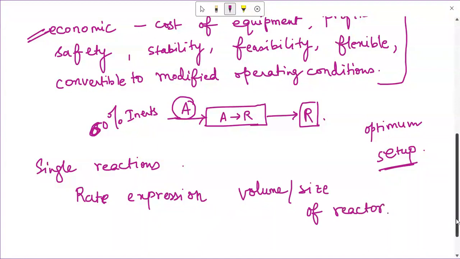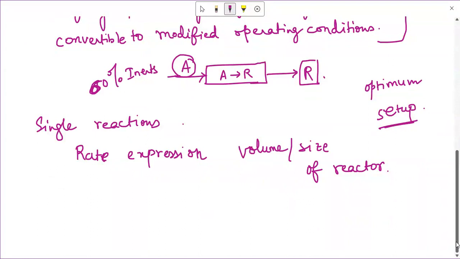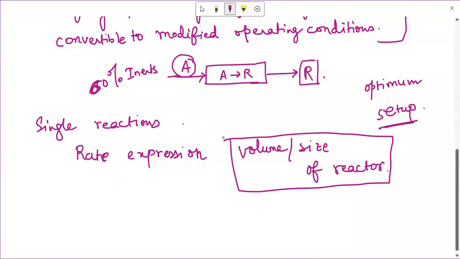Since we have a single reaction, we do not have to worry about the product distribution. So we can focus solely on the volume or size of the reactor. Then we will build up our study for multiple reactions later, but this is what we'll do for single reactions. That is it for the introduction. Thank you.